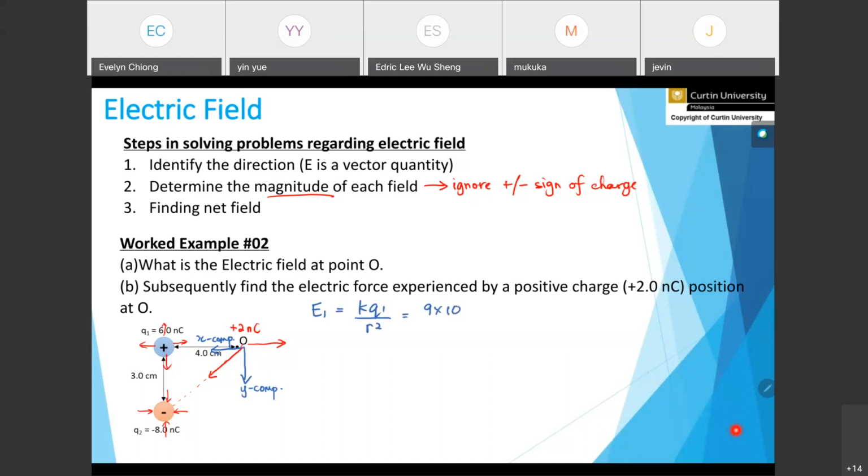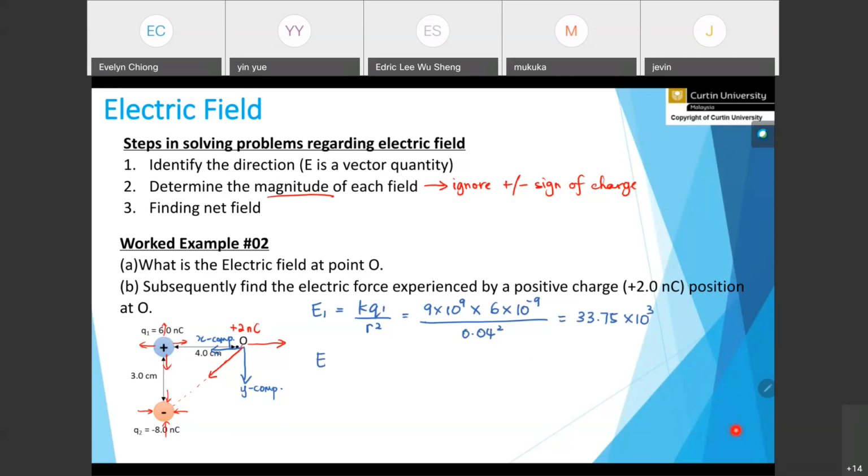This is 9 times 10 to the power of 9, Q1 is 6 nano, and the distance is 4 centimeter, so change it to meter squared. You calculate, and you are going to get 33.75.